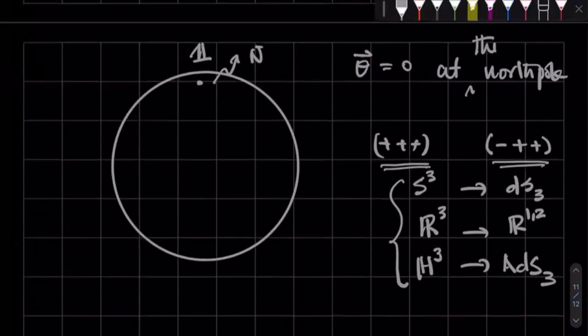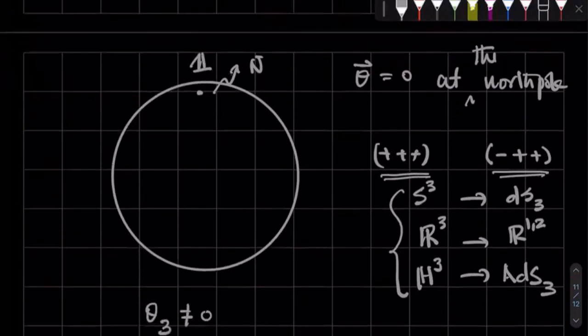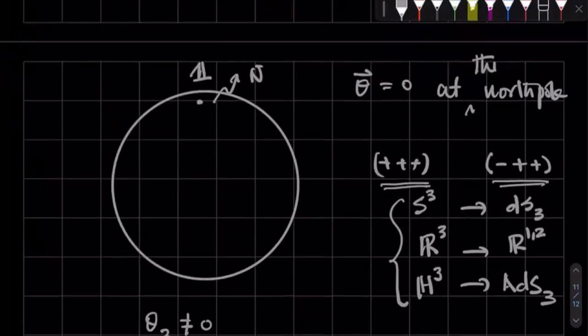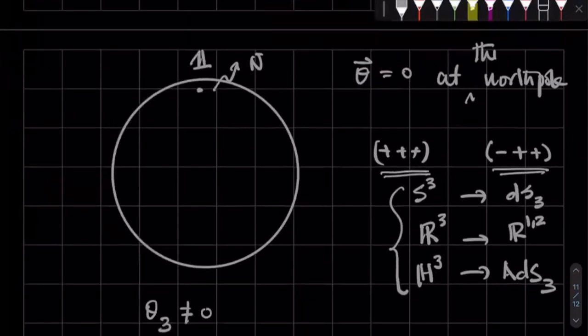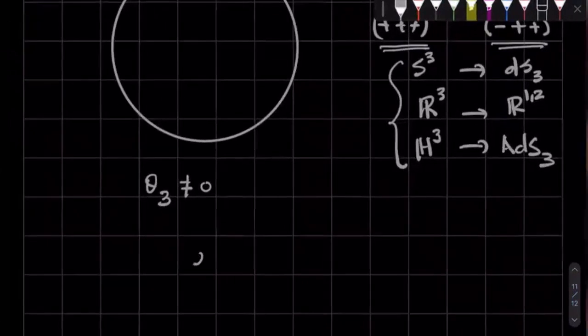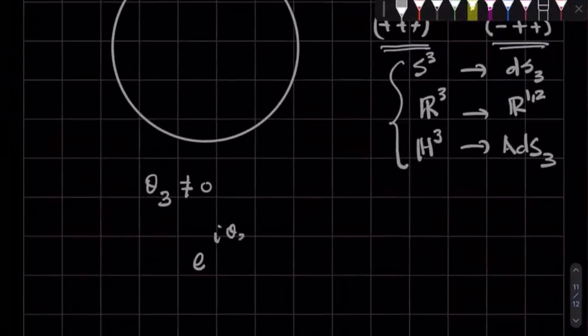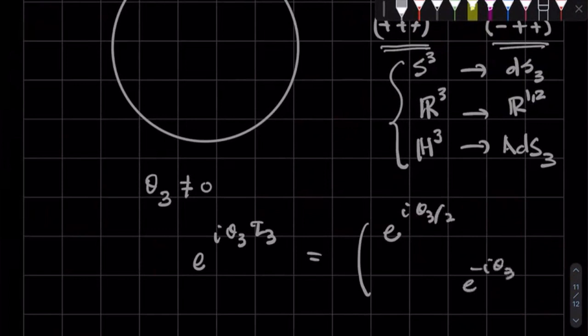So now let's take only theta 3 to be non-zero, and then apply that exponentiation. So if I do this exponentiation, then at some point I have tau 3. So this is going to give me a matrix with e to the power i theta 3 by 2 and e to the power minus i theta 3 by 2.